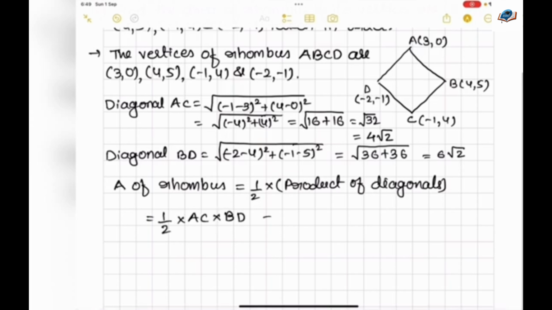So that will be equal to half into root of 32, or I can say 4 root 2, into 6 root 2. So if I cut 2 and 4, it will be 2. So 2 into root 2 will be 2 into 6. So that will be 24 square units.